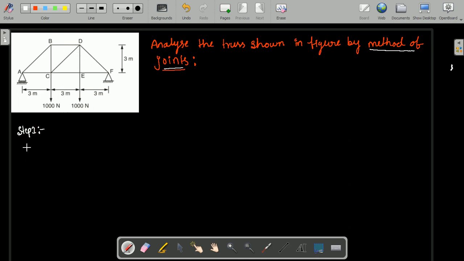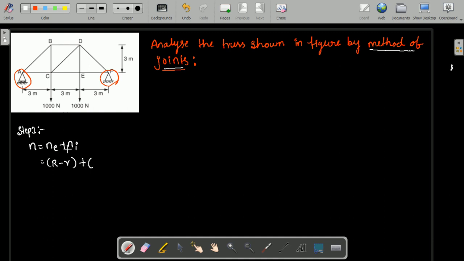As I told you, we have two types of indeterminacy: external indeterminacy and internal indeterminacy. External indeterminacy considers the supports provided for the truss, and internal indeterminacy considers the members and joints present in the truss. External indeterminacy is equal to capital R minus small r, where R is the number of reactions and small r is the number of equilibrium equations available to solve the problem.